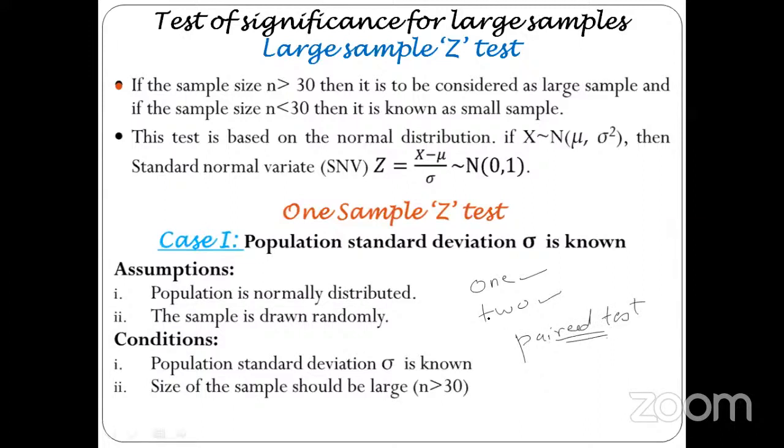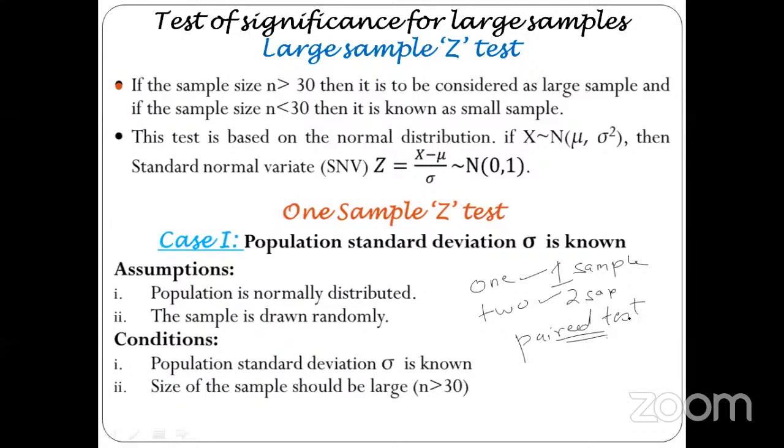Simply, one sample Z test means we are taking the Z test for only one sample. When we have two samples, it is called two sample Z test. Similarly, if you take T test for one sample, it is called one sample T test. If you take T test for two samples, it is called two sample T test.